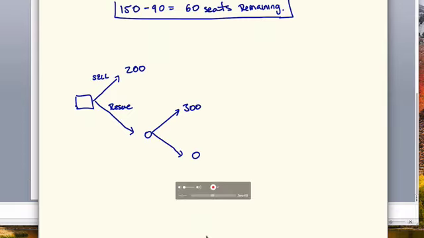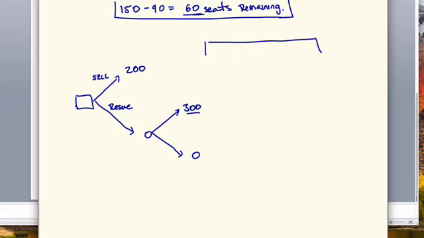So far, this should be pretty simple. Now I only have to think about what is the probability of this good thing happening, of me getting this $300. Well, if we think about it, there are 60 seats remaining in the plane. So this is the plane. I've sold these seats. There are 60 seats up here, and I'm thinking about this last seat over here. This is the one that I'm thinking about selling or reserving.